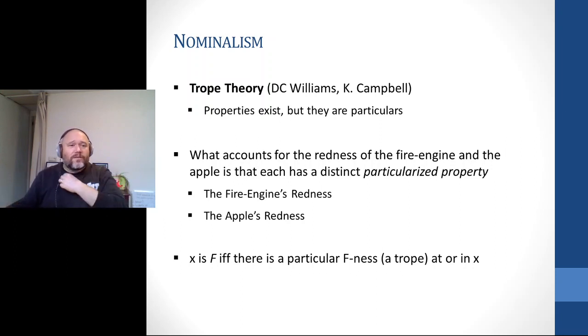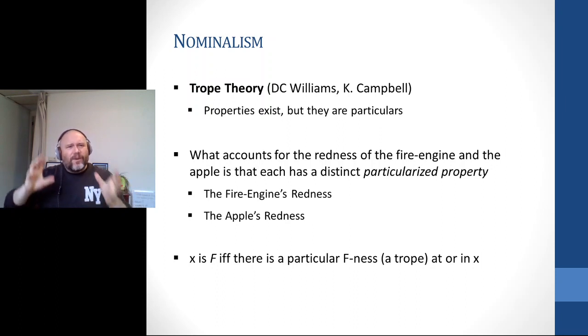So my sweater is black. Why is my sweater black? Because there's a blackness trope that's a part of, in some sense, or in or at where my sweater is. So importantly, according to the trope theorist, we still have properties, but they're instances.